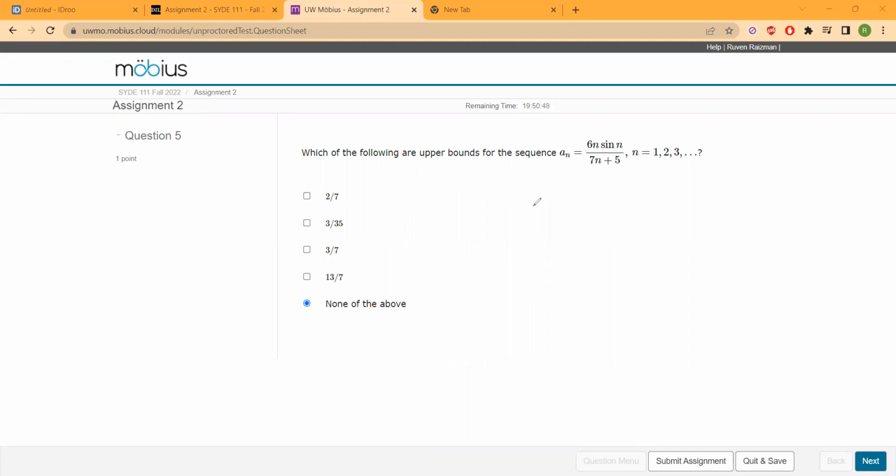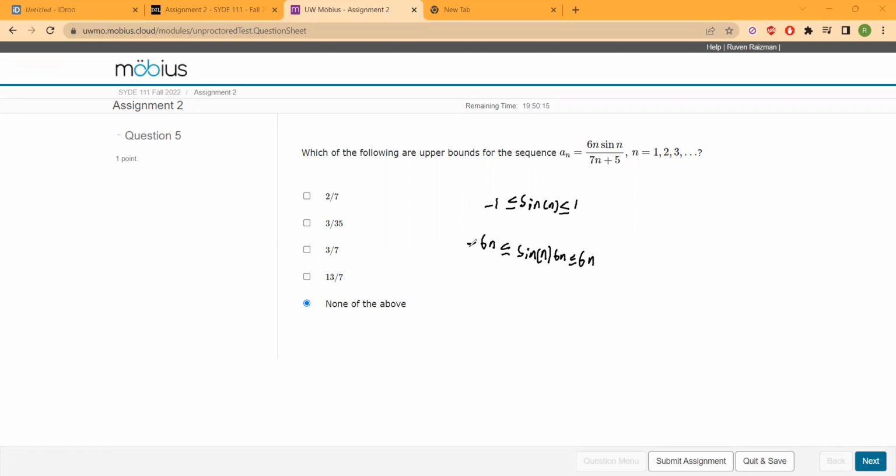So we're going to say that sine n is smaller or equal to 1, and bigger or equal to -1. Now we want to strive to reach this over here. So we're going to multiply both sides by 6n. So negative 6n is smaller or equal to sine n times 6n, which is smaller or equal to 6n.